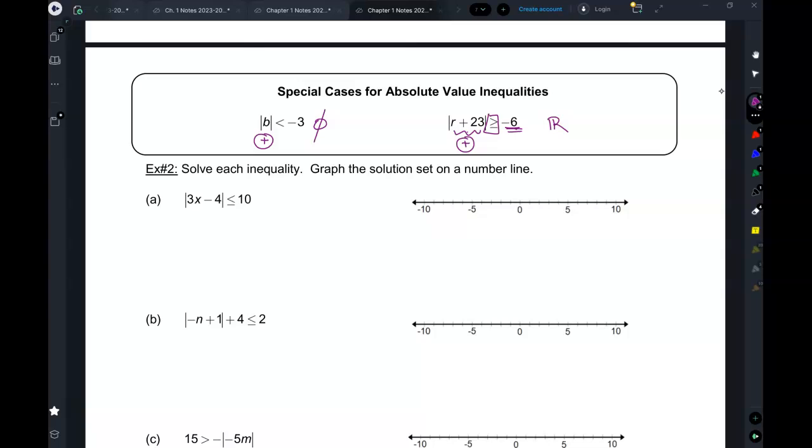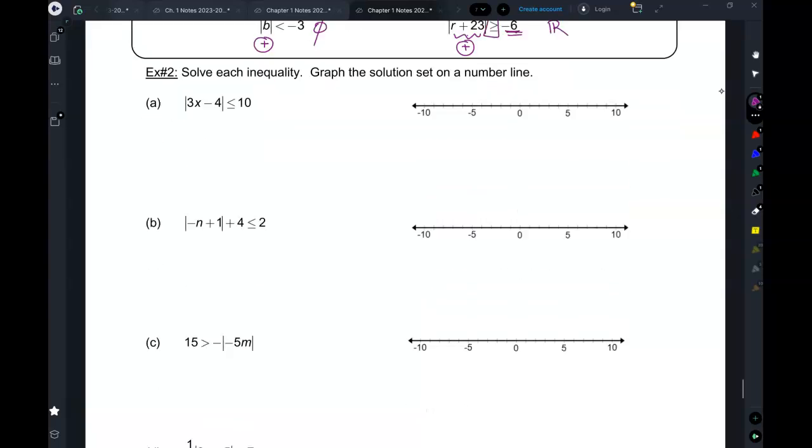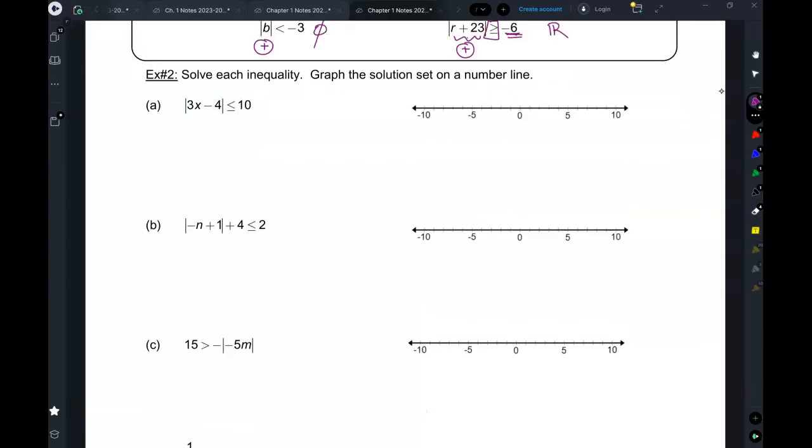Okay, let's move on, and if you guys have any more questions, let's see if we can address them here. So here, this one, I always do this with my hands and in my mind: the distance is less than 10. So is that AND or OR? AND, because it's bounded. So I go negative 10 less than or equal to 3x minus 4 less than or equal to 10. Now I add 4 everywhere.